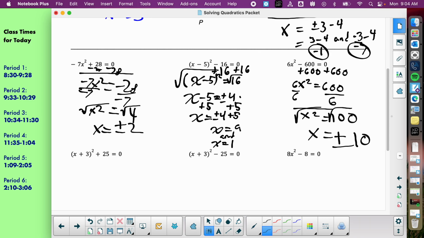Like that very first one, plus 28 is the farthest away, so I cancel that first. Then you've got negative 7x squared. They're both directly on the x, but a power, that's where SADMEP comes into play. That's written on the top of your page.